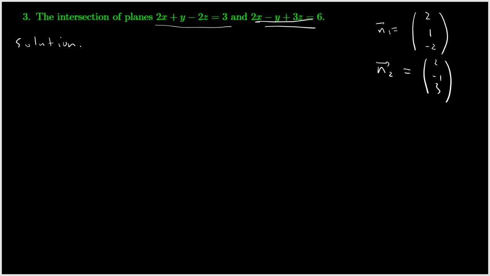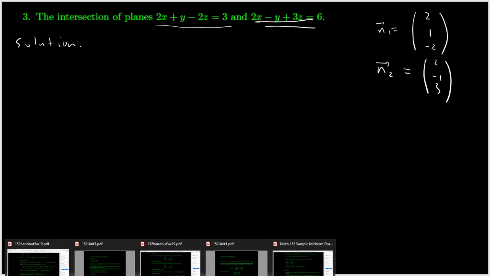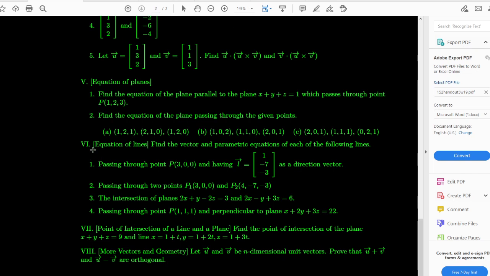You look at the handout, okay? In handout 5, in part 6, question 2, we have seen how to get the equation of the line if we know 2 points on the line, right?